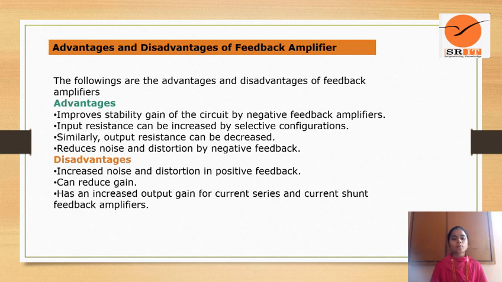Similarly, the output resistance can be decreased. It reduces the noise and distortion by the negative feedback. And the disadvantages: it can increase the noise and distortion in positive feedback. It can reduce the gain, and it also increases the output gain for the current series and the current shunt feedback amplifiers.